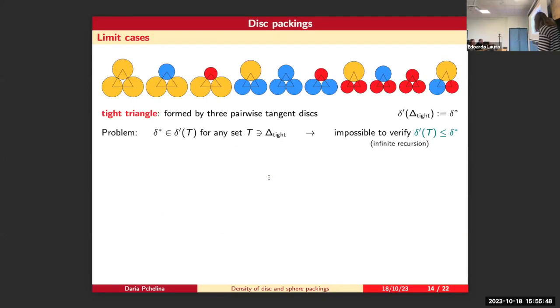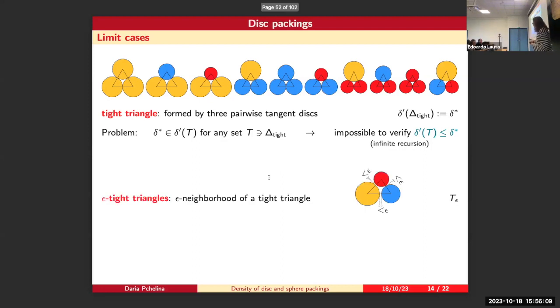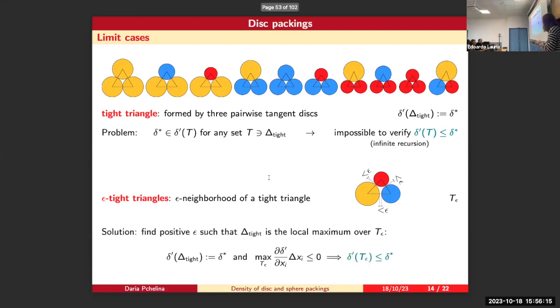It turns out that this happens only on a precise set of triangles called tight, formed by 3 pairwise tangent disks. And by definition, we define delta prime in a way that it's an equality on these triangles. To resolve the problem, we take the epsilon neighborhood of each of these triangles, and we resolve it separately.